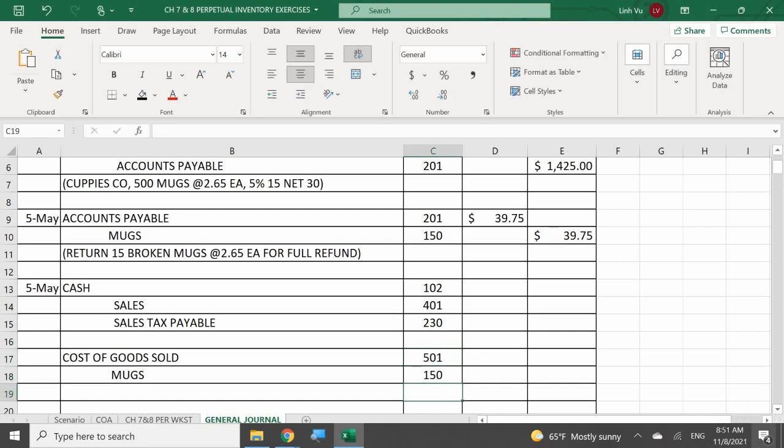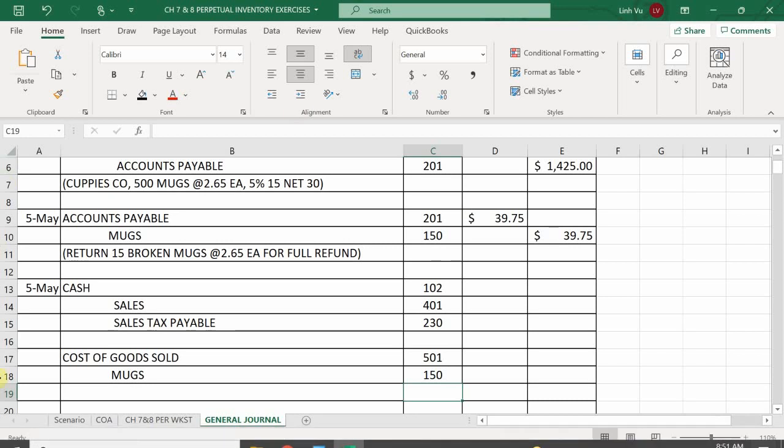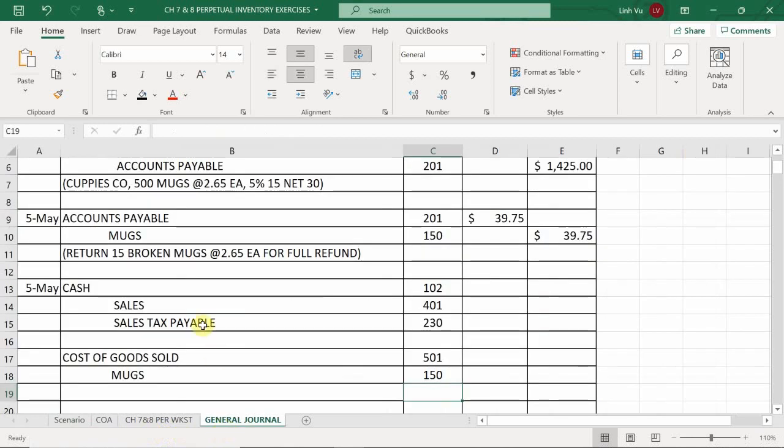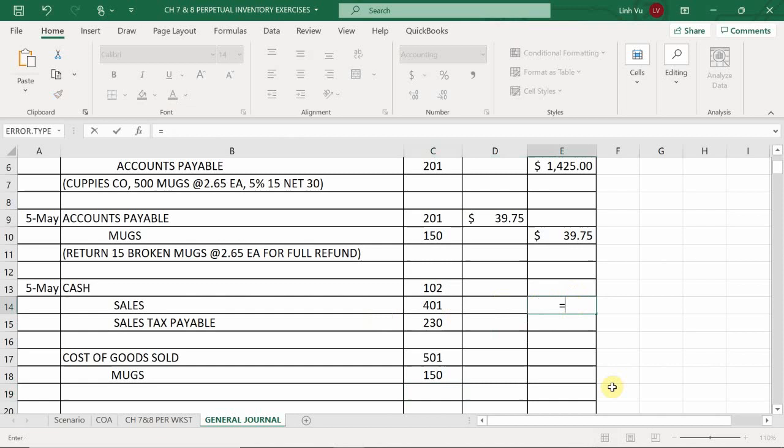Okay. So in this case, let's just focus on the sales first. If I sold 10 mugs at $10 each for cash, how much was my total sales? 10 mugs at $10 each, how much is my total sales? 100.